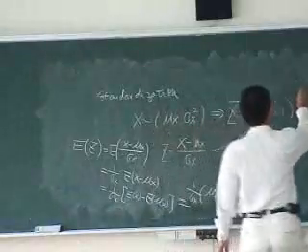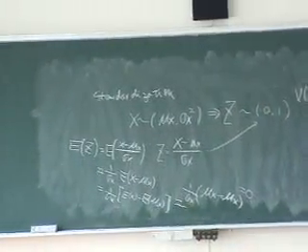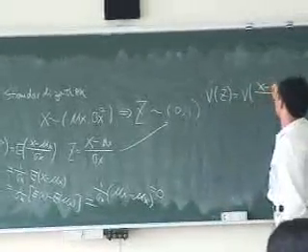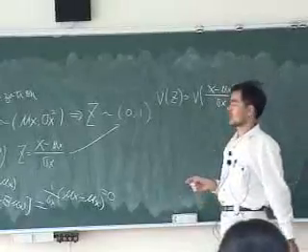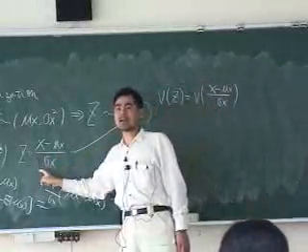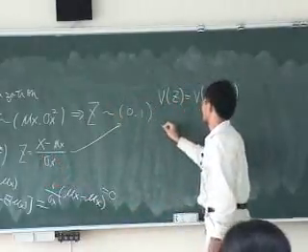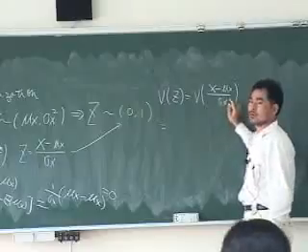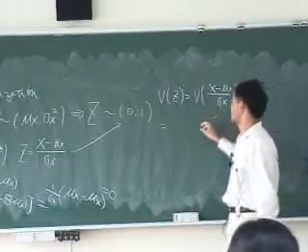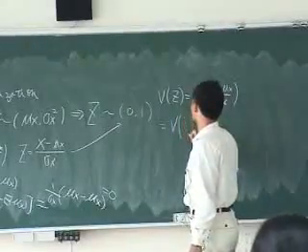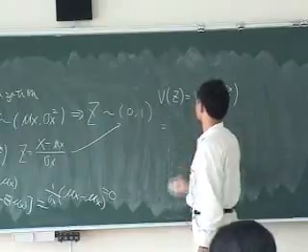So when we are talking about V of Z, V of Z is equal to V of (X minus mu x) over sigma x, because Z is exactly here. Let me try this again, a little more carefully.